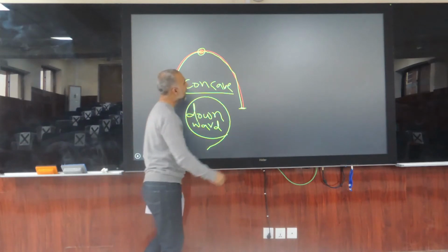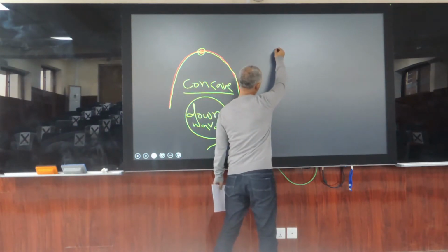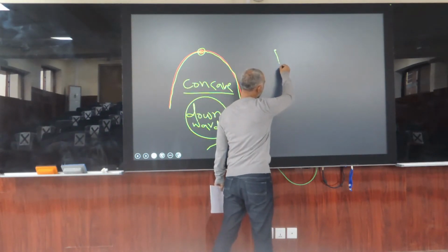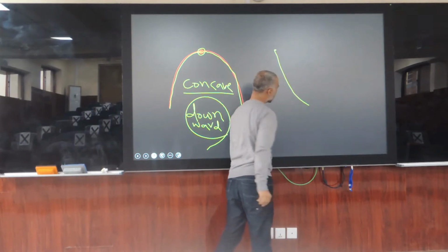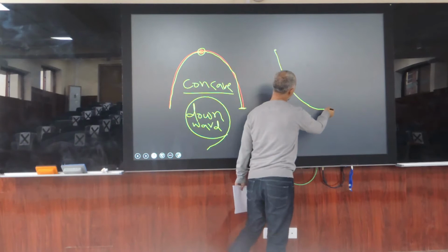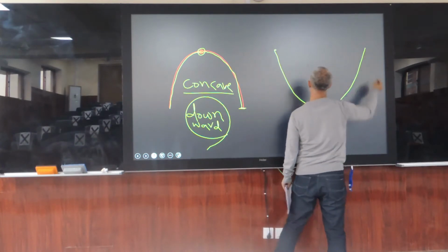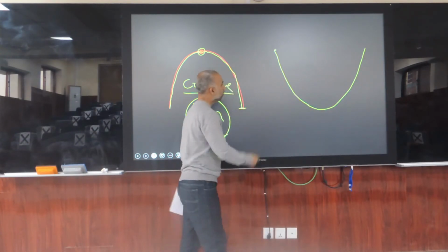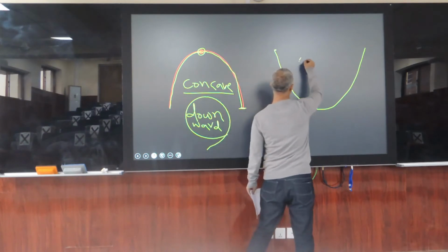Similarly, if something is decreasing but after some time it is again increasing, this one is concave upward.